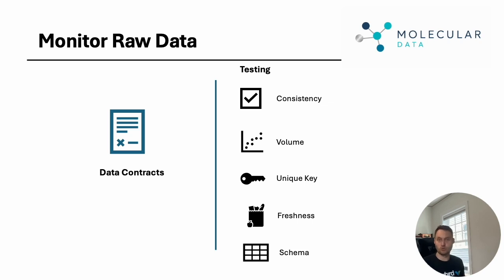The other tool you'll want to implement is a series of robust tests to measure the raw data coming into your warehouse. These tests should measure the consistency of the data. Is the data coming in using the same formats? And are the values fairly consistent? The volume of the data, rows, should show a stable trend. When I say trend, I mean it should be moving in the same direction.